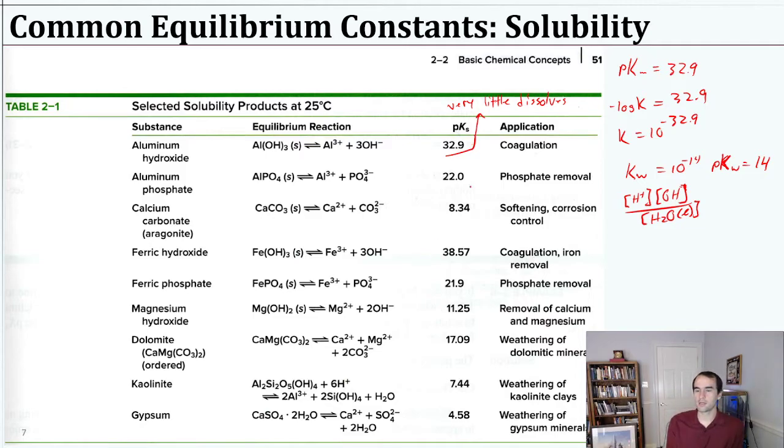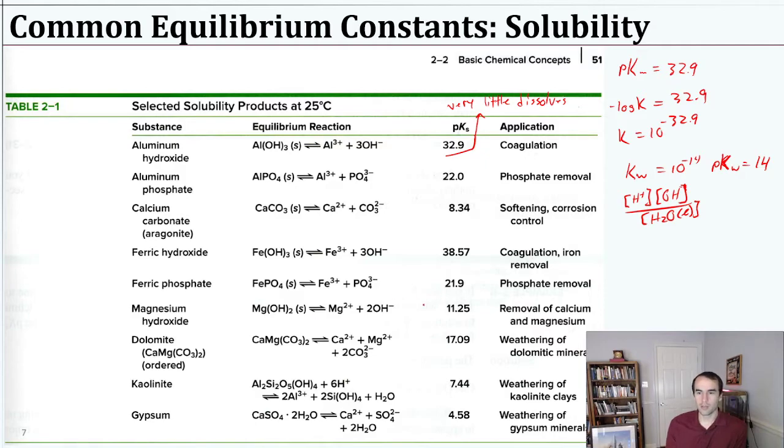So let's glance at some other stuff. Aluminum phosphate, not a whole lot dissolves. Calcium carbonate, looks like it's going to dissolve a fair bit, at least a reasonable amount compared to the other stuff. Ferric hydroxide, very little. Ferric phosphate, not a whole lot.